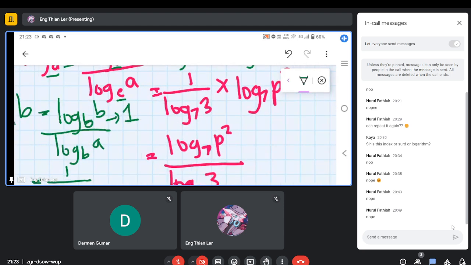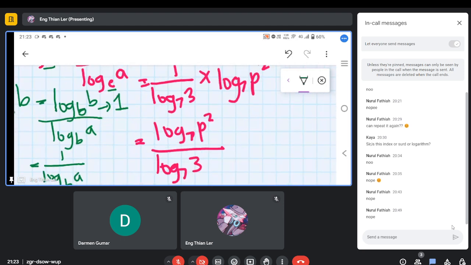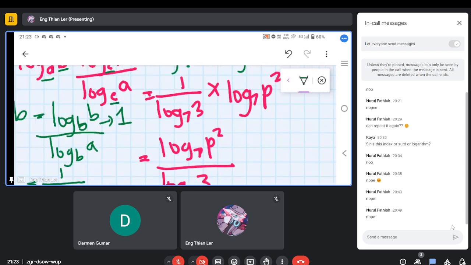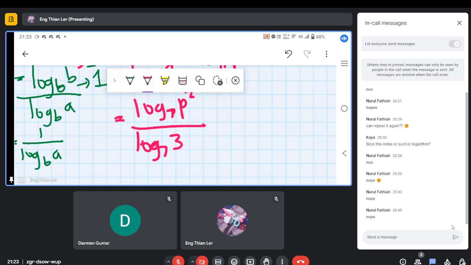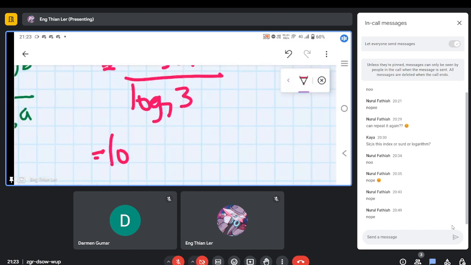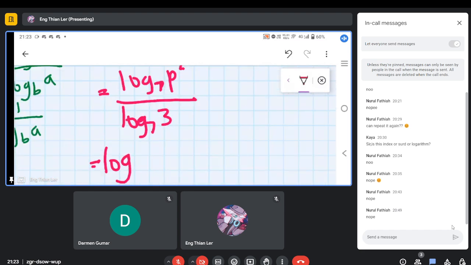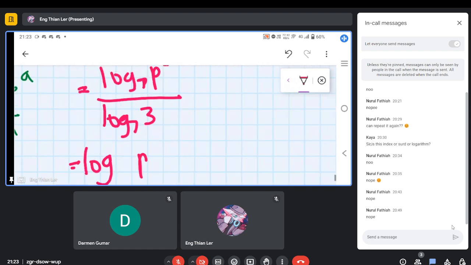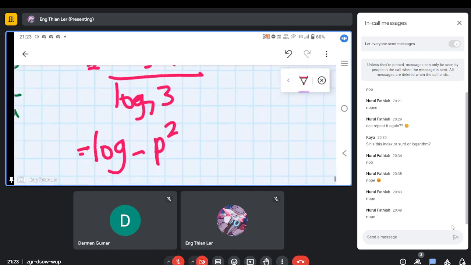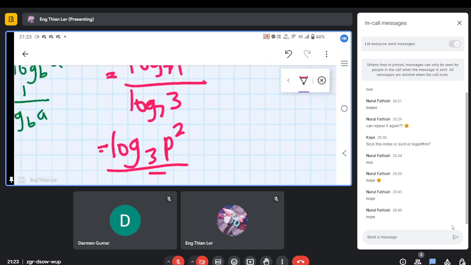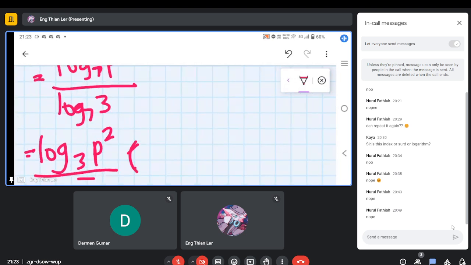So because the C is the same, we can write this as log AB again. But this time what are A and B? Don't worry, we can take it slow. So first B is the p squared, and the A will be our old base. So now it's the same, and we have just proven it. So we write proven.